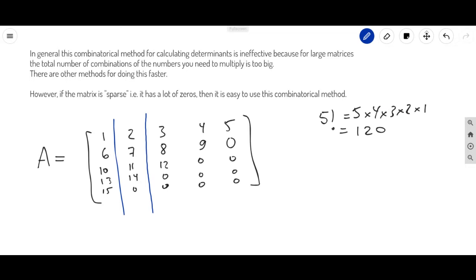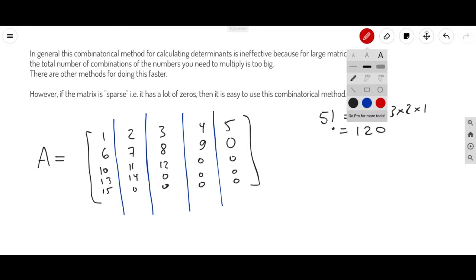But you do not have to actually look at all of them, because anytime you hit a 0, you know that multiplying by a 0 gives you 0. So that makes things a lot simpler. If you choose a 1, for instance, you're not going to choose any numbers in that row because you have to avoid the repetition.